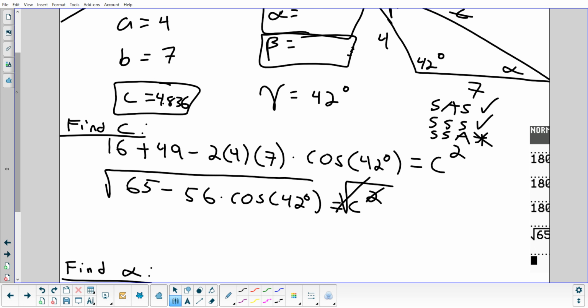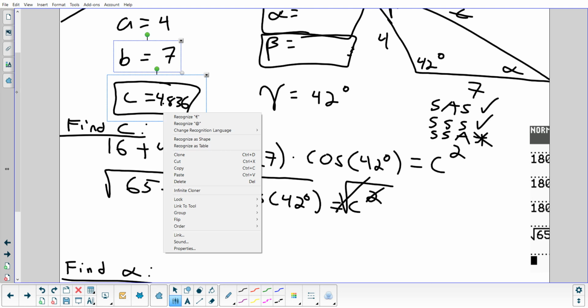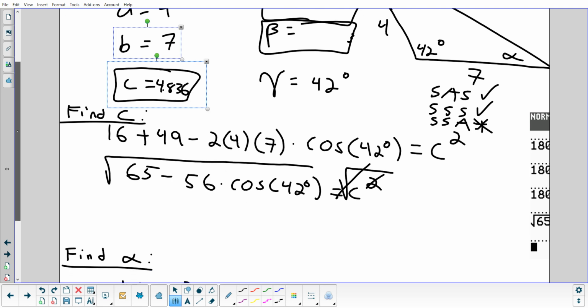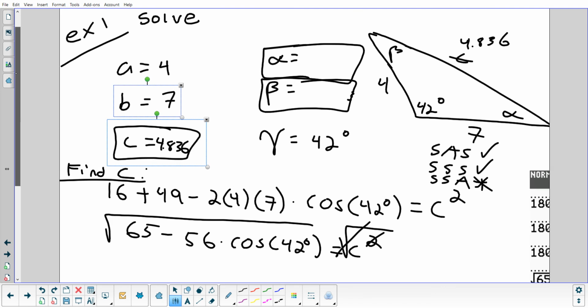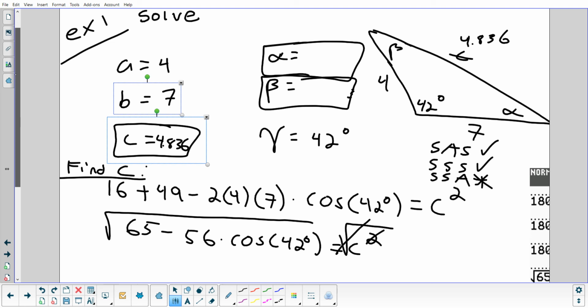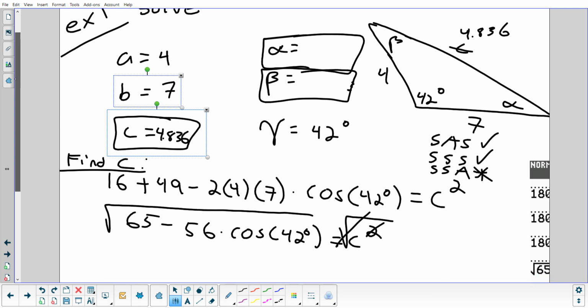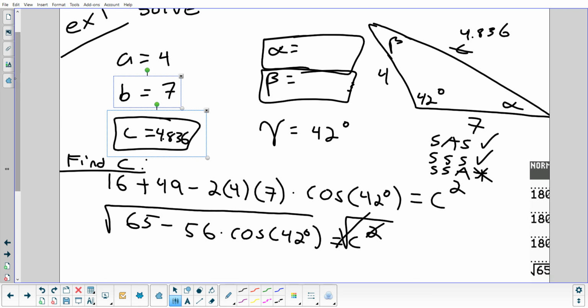Well, 2 times B is 14. So I need 14 times 4.836. 23.672. And that's almost 14 times 5.